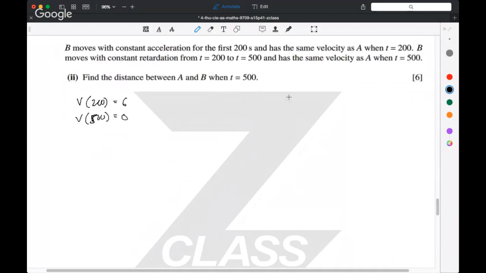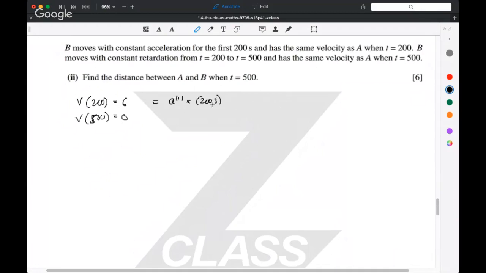And the acceleration of B is constant. Between 0 and 200, it's one value, and between 200 and 500, it's another value. So it's accelerating until 200 seconds when it starts decelerating. So we know this 6 must be equal to the initial acceleration times 200 seconds, because it's constant, right?